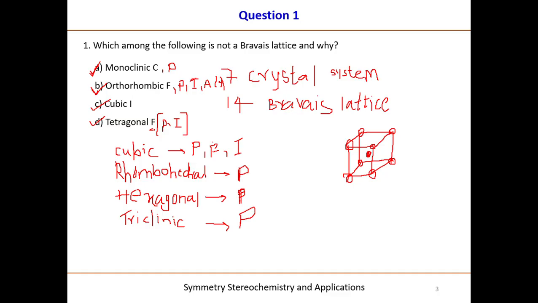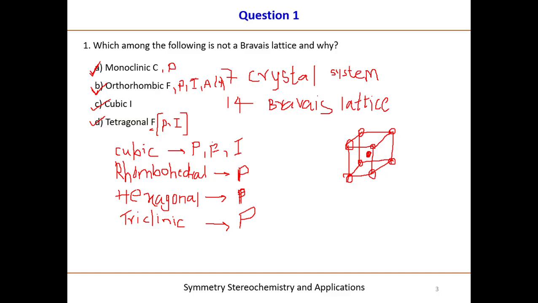The tetragonal crystal system has a defining symmetry of a single four-fold rotation axis, and a face-centered tetragonal lattice doesn't have this symmetry. So it belongs to the tetragonal system, but there is no face-centered lattice present as a Bravais lattice in this tetragonal system.